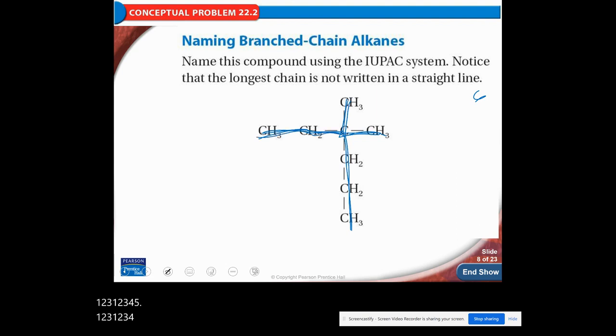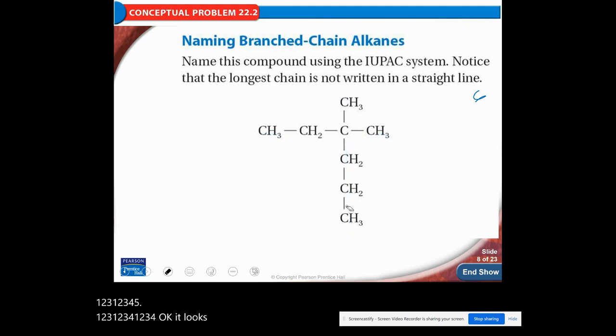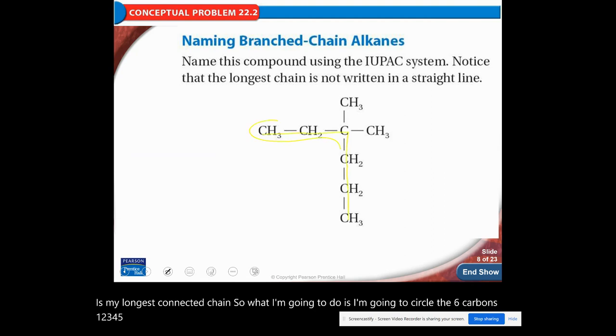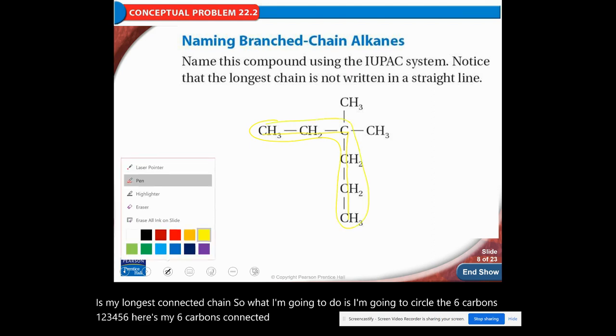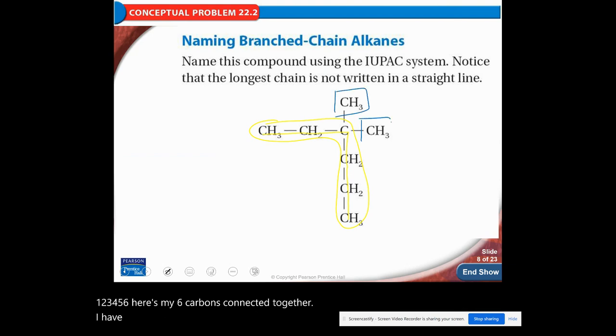Okay, it looks like 6 is my longest connected chain. So I'm going to circle the 6 carbons: 1, 2, 3, 4, 5, 6. Here are my 6 carbons connected together, and I have a branch here and a branch here.